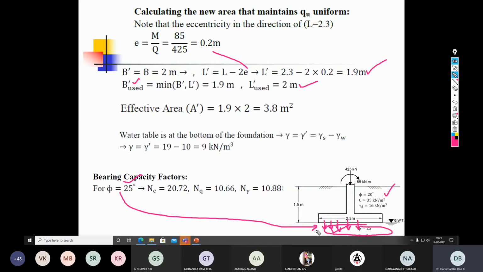Therefore we should consider only the soil component which is beneath the foundation level. Therefore phi shall be 25 degree. Corresponding to phi of 25, Nc, Nq and N gamma are 20.72, 10.66 and 10.88.